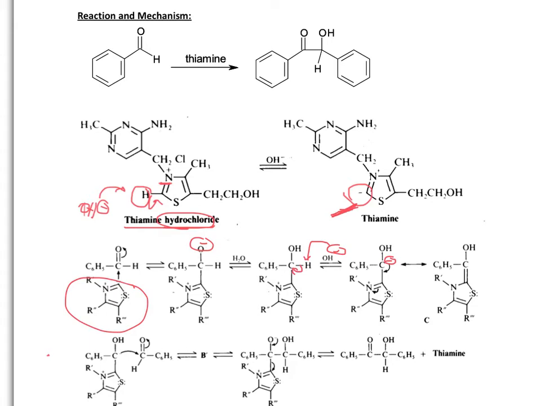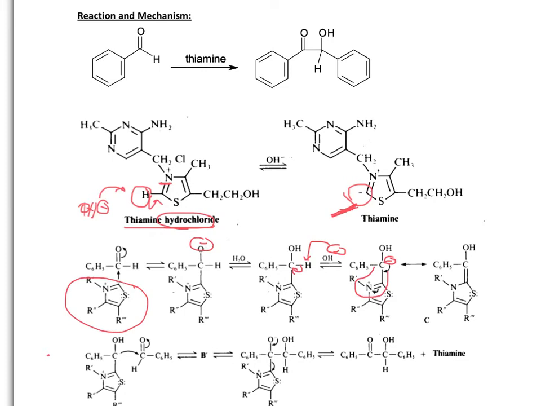That negative charge is in conjugation with the positive nitrogen, so that's why we have the generation of that yellow color, which kind of remains.